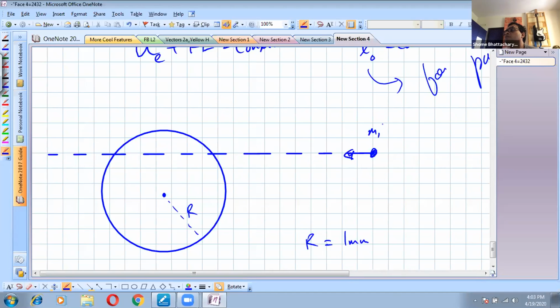Okay, so mass m, charge q, and this velocity v is along this direction. So this perpendicular distance additionally is given. That distance d is given to me as 0.5 millimeter.